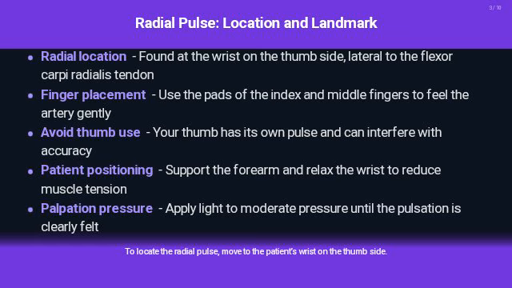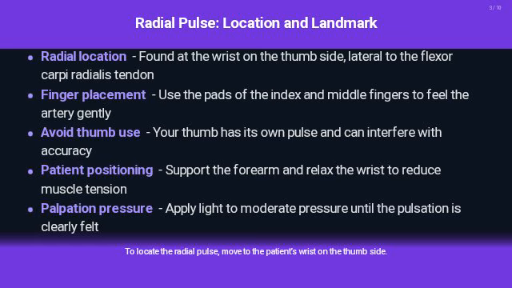Proper positioning also matters. Support the patient's forearm and encourage the wrist to relax. If the patient is tense or the wrist is flexed awkwardly, it may be harder to feel the artery clearly. Start with gentle pressure, then increase slightly if needed. Too little pressure, and you may miss the pulse. Too much pressure, and you can partially occlude the artery.